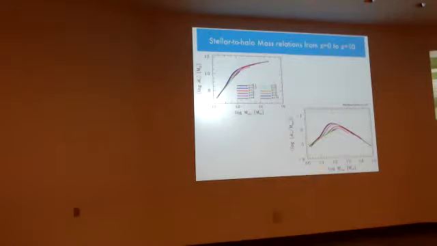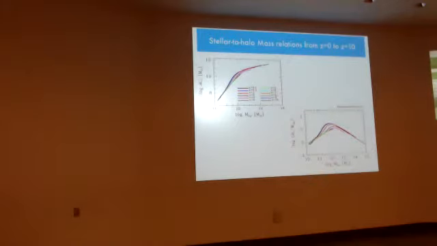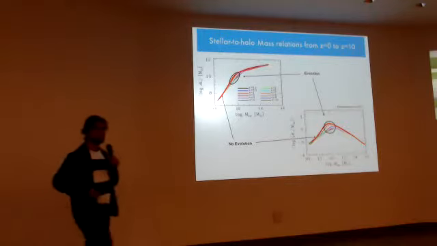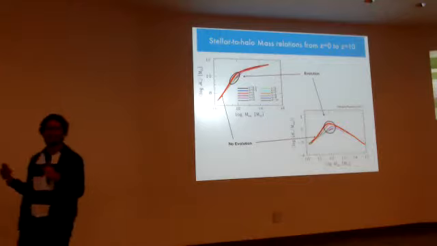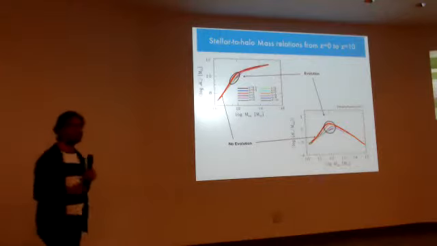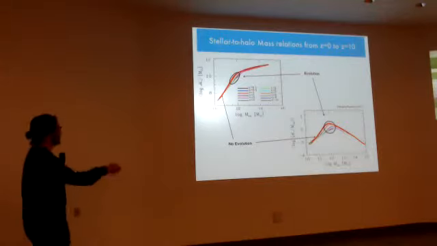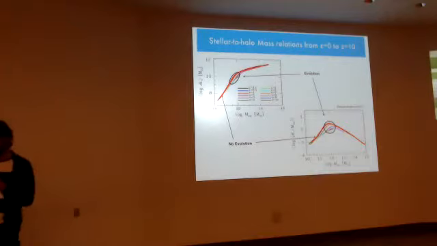And we had a discussion about that on Monday. One of the things that I could say is, imagine a model where there is no evolution in the stellar to halo mass relation. What would be the implications, for example, for the star formation rates or the stellar mass functions?